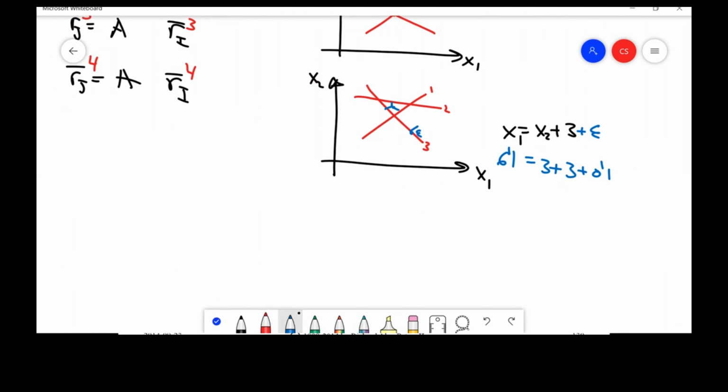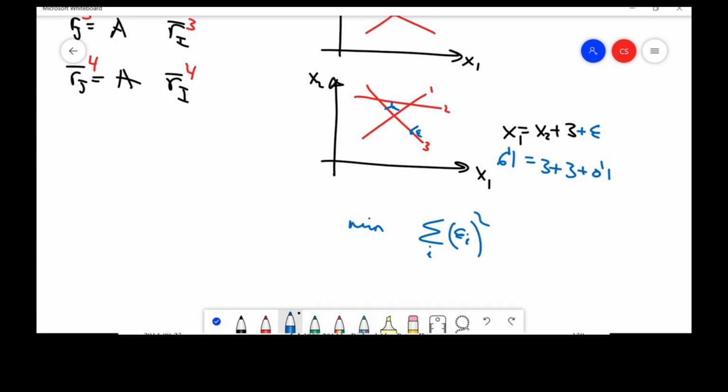Let me make them blue. So the sum of all the errors is as small as possible. There is a drawback here: these epsilons may have sign. These are positive epsilons, these are negative epsilons, and then the addition of all those could just go to 0. So let's make them squares.